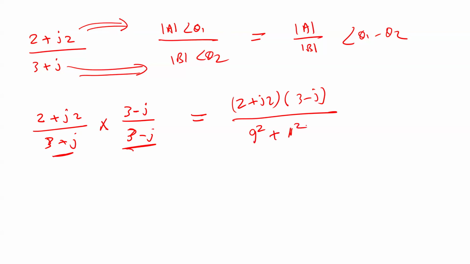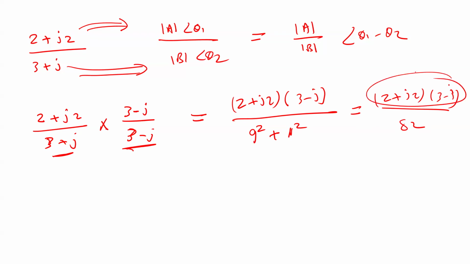So here it should be 2 plus j2 times 3 minus j, divided by 10. Sorry, whatever the number is here. And then you can do the multiplication as I explained to you before. For sure, this is a more difficult way, but you may need it.